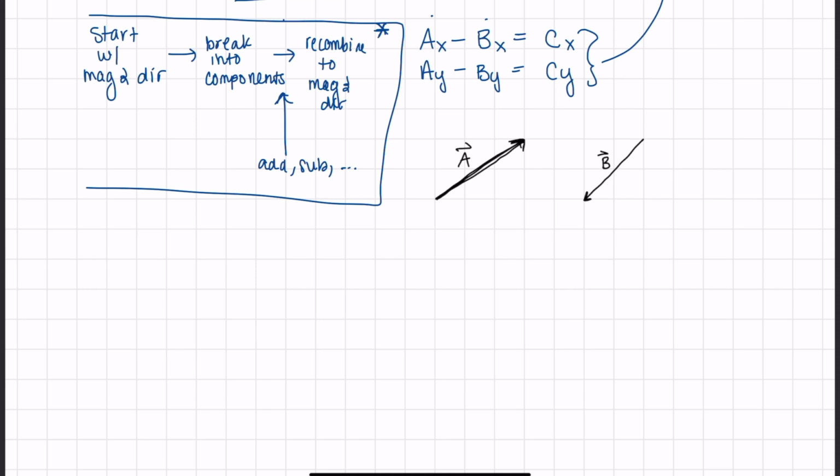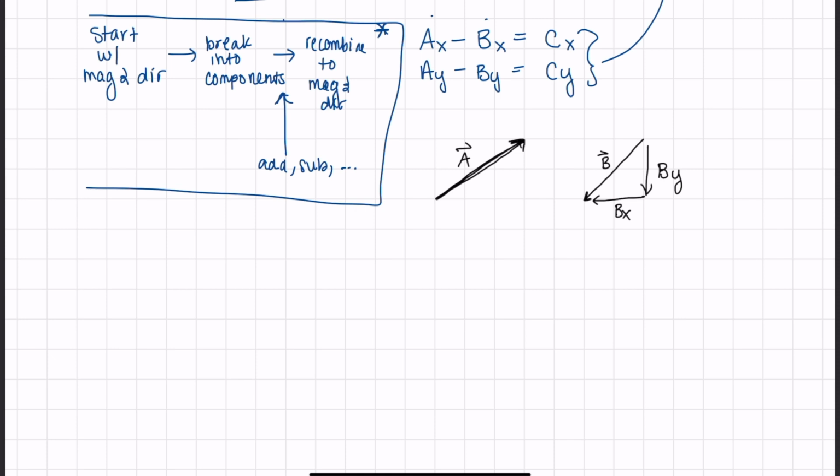But I think that the easier way to think about it is, if you think of a negative b, and like I said for the actual operation itself, that's going to distribute itself to each of those. So you can instead think of this as adding a negative, and all that would happen here is that our bx component and our by component, everything's going to flip. So let me actually color code this a different way.